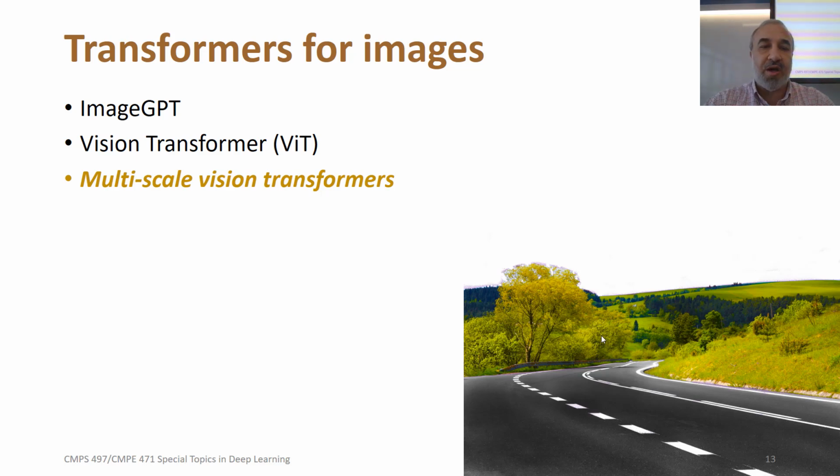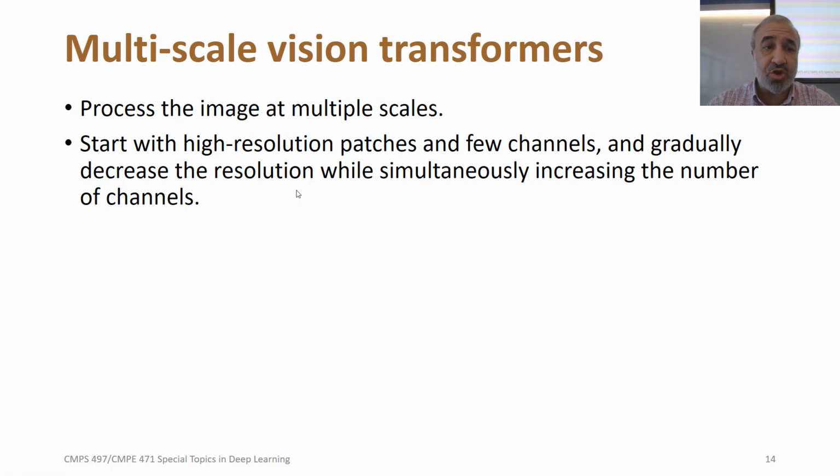But so far in these two families of models, we didn't do that. In multi-scale vision transformers, we started to see something like that. They process the images at different scales. We start with very high resolution patches, and then gradually decrease the resolution and increase the number of channels.